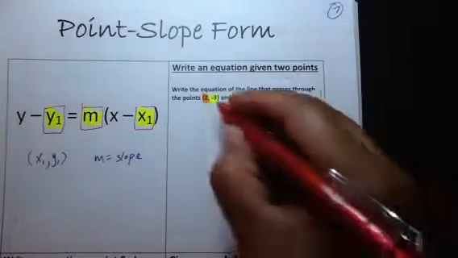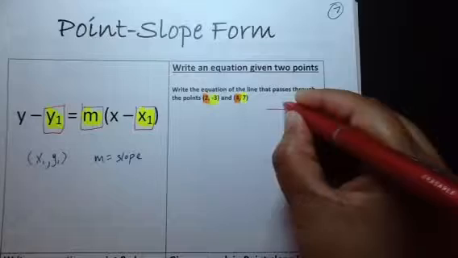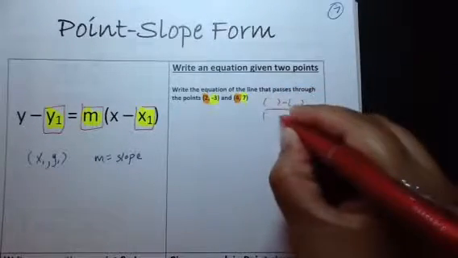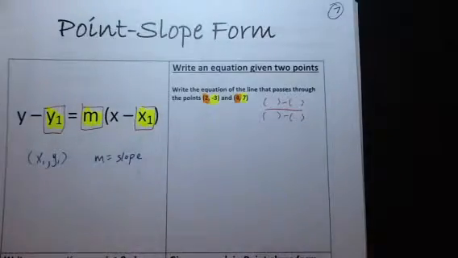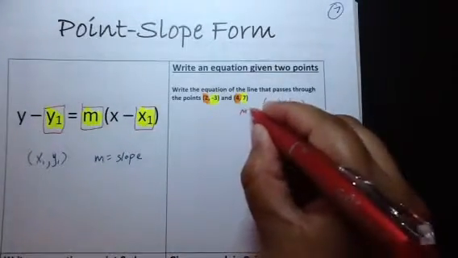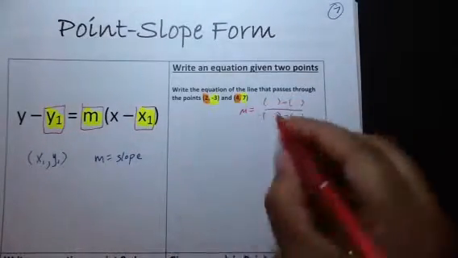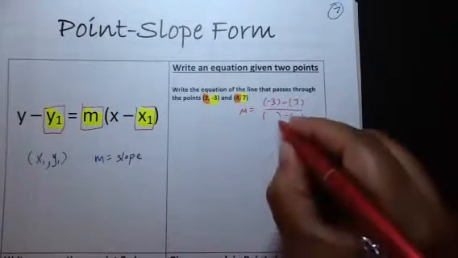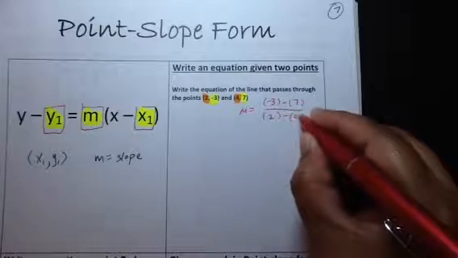So this is going to be our starting point every time we're trying to find the slope of something. So this is -3, 7. And then on the bottom, this is 2 and 4.